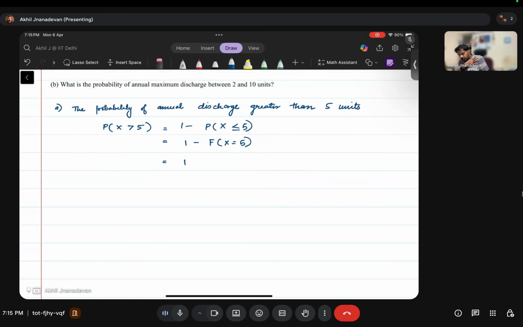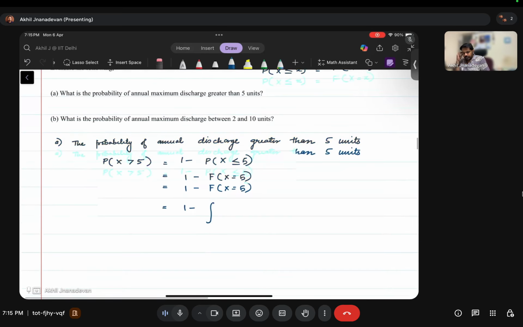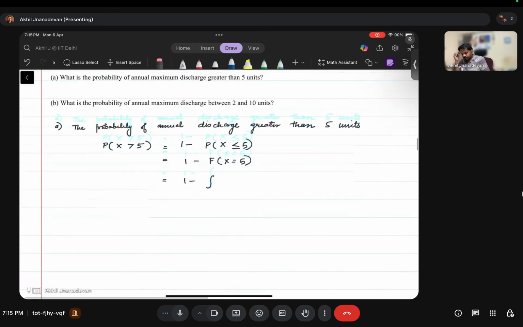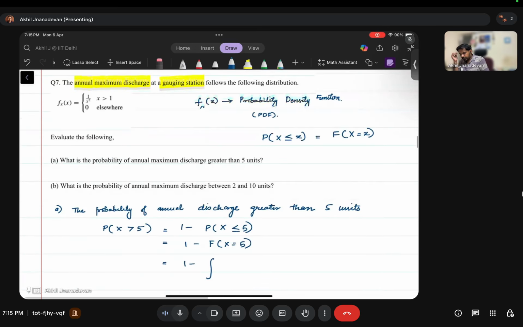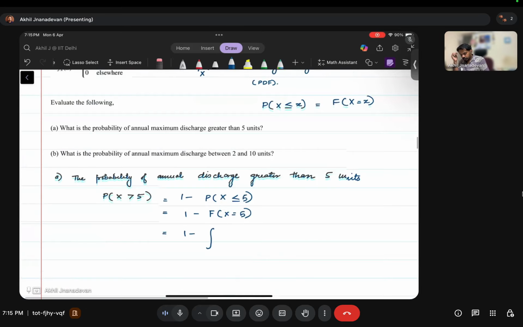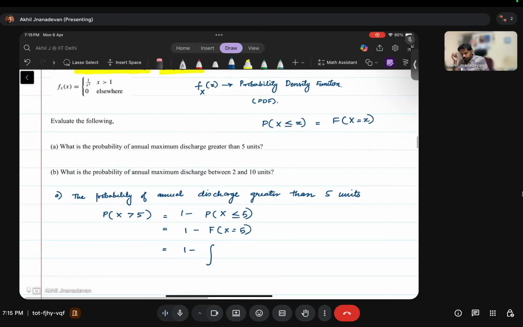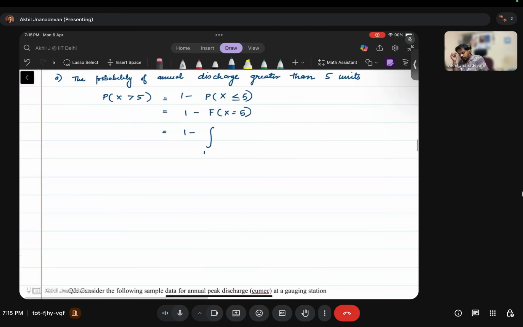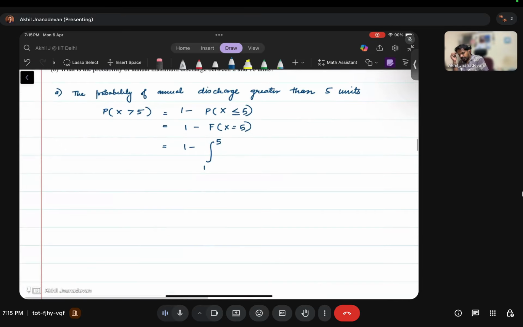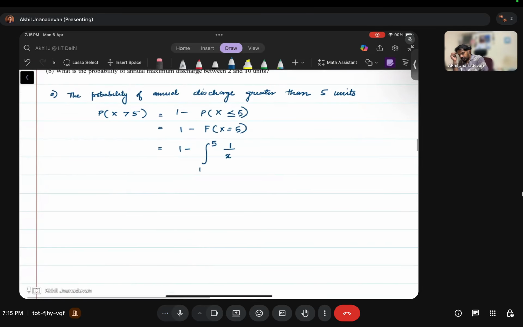So that will be 1 minus the integration of P of x less than or equal to 5. The minimum value is 0, right? No, x should be greater than 1, so the minimum value is 1. So from 1 to 5, the PDF is 1 by x square, 1 by x square dx.